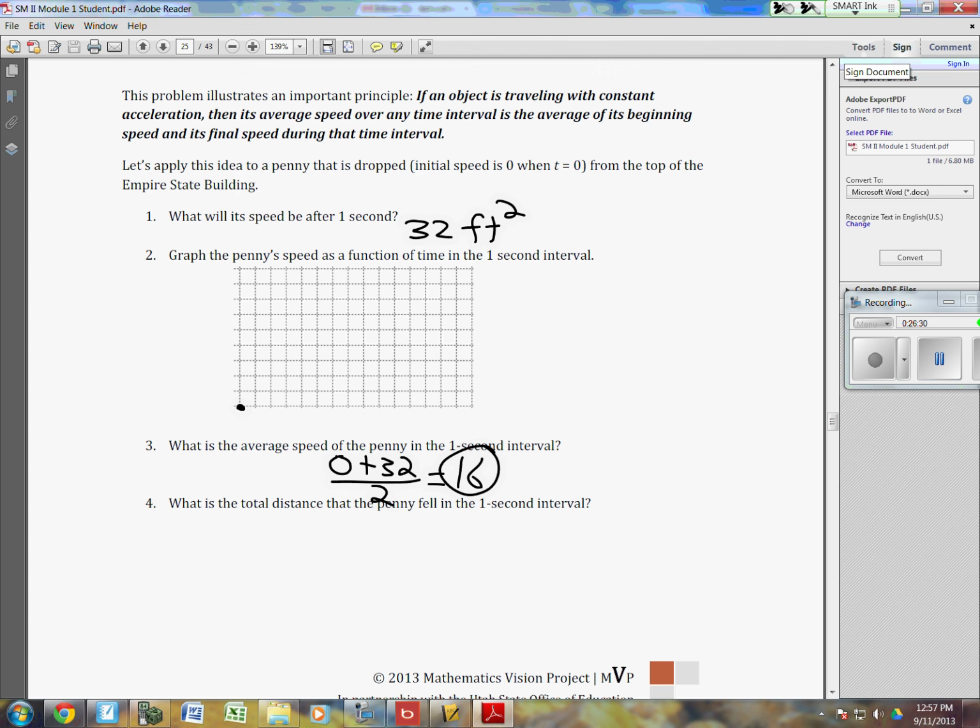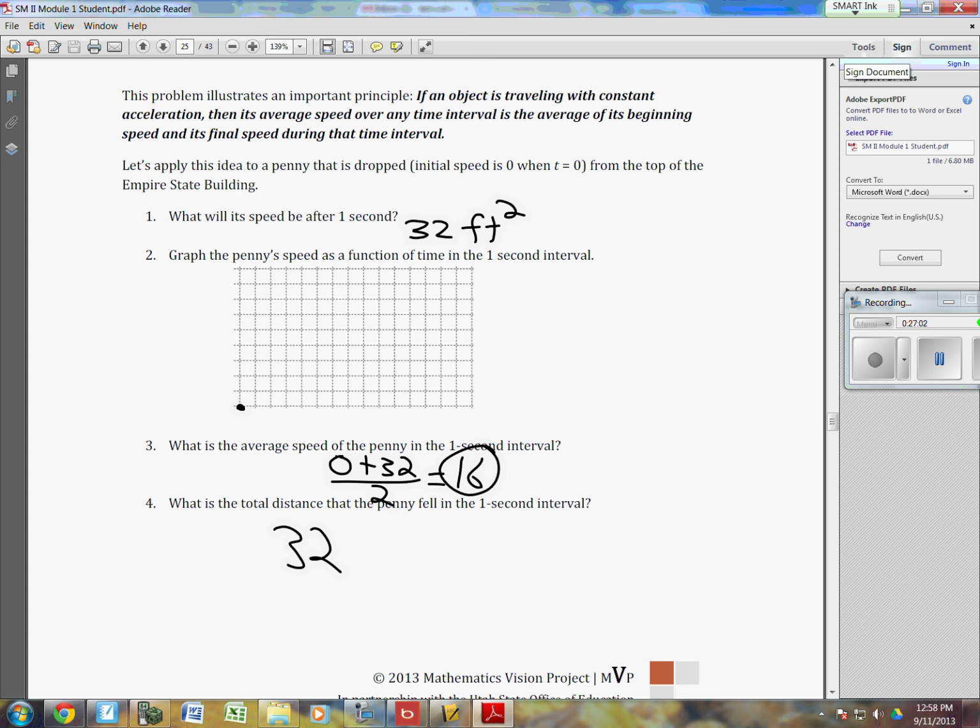Well, we said that last time, didn't we? But this is what I'm thinking. Its speed after 1 second was 32 feet per second, wasn't it? So after 1 second, it was going 32 feet per second, but it wasn't going that same speed the whole time, was it? Well, wait, no, it fell 32 feet in that second. Yeah, it's 32. Okay?